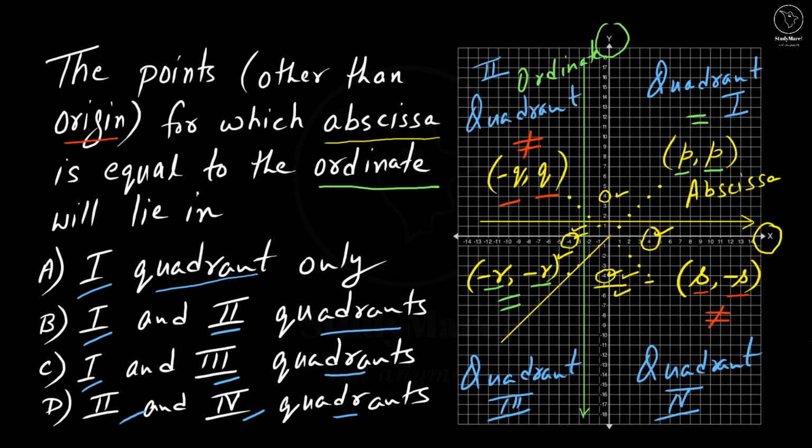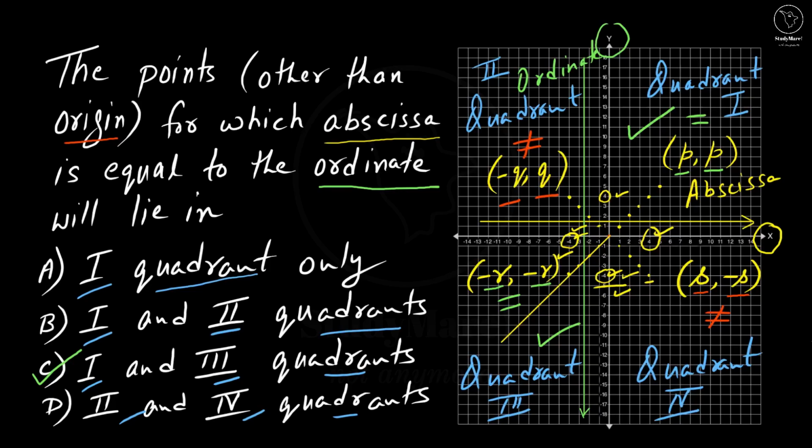So you can see that it lies over here, that is in quadrant 1, and here in quadrant 3. So such points will always fall either in quadrant 1 or in quadrant 3, based on which we get the answer as C, first and third quadrants only.